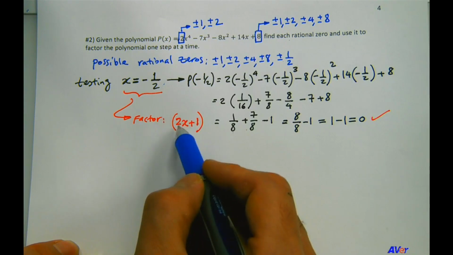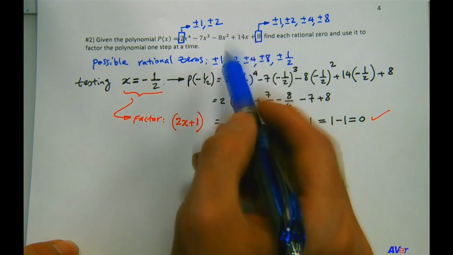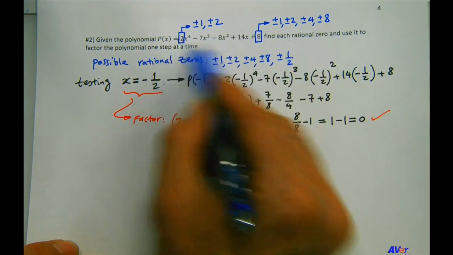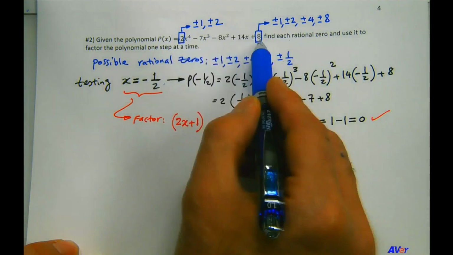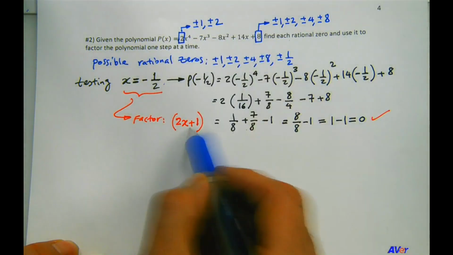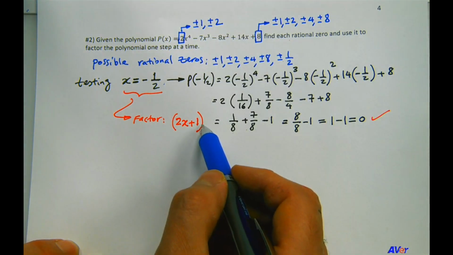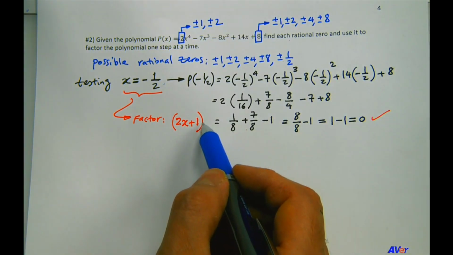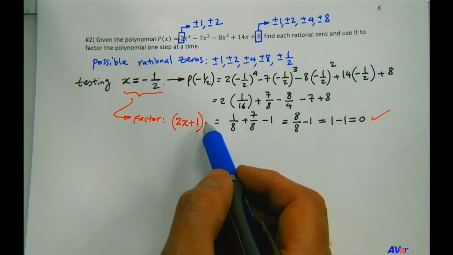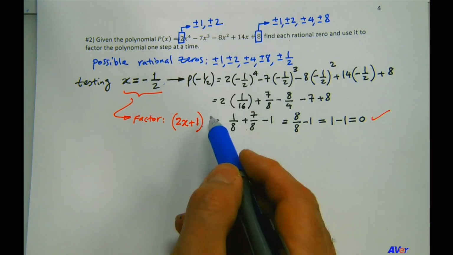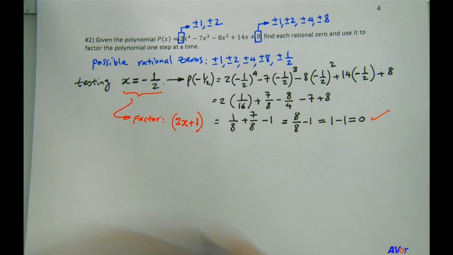We must use long division. We already know that if we divide this by this factor, we will get a full factor with no remainder. So let's find what that other factor is using long division.